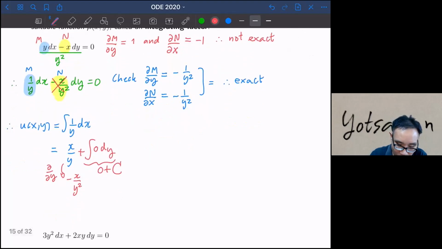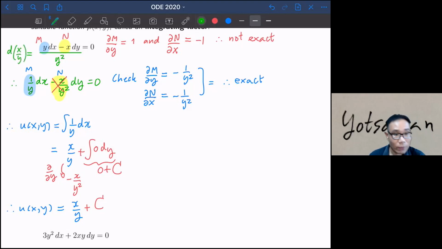So you would have u(x,y) equal to x over y plus c from this calculation. And you also see that this turned out to be d of x over y, which is your u.